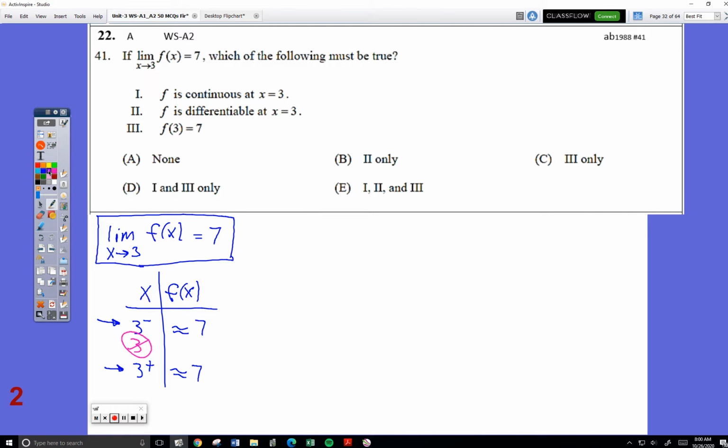You need to remember from Unit 1 the definition of continuity, which says f is continuous at x equal 3 if the limit from the left as x approaches 3 is exactly the same as the value of the function precisely at x equal 3, and that's equal to the limit as x approaches 3 from the right.